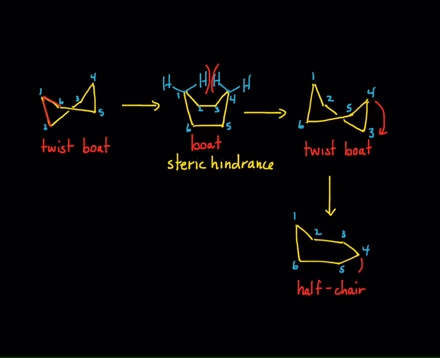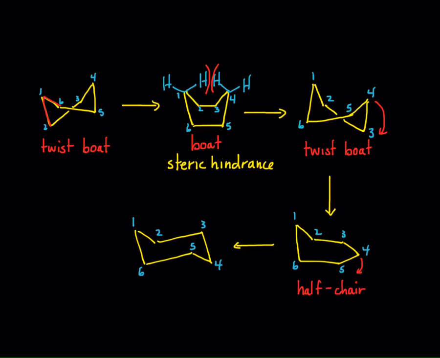And then as I push C4 down even further, now I can take on the other conformation, the chair conformation, where C4 is now pointing down, C1 is now pointing up, and everything that was pointing down is pointing up, and everything that was pointing up is now pointing down. So basically that's what is happening when you go from one conformation to the other, when you flip chair conformations.